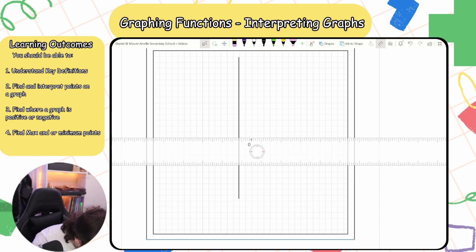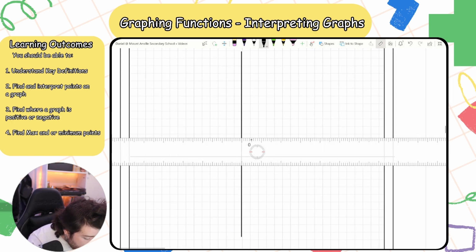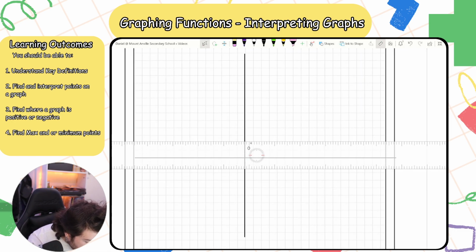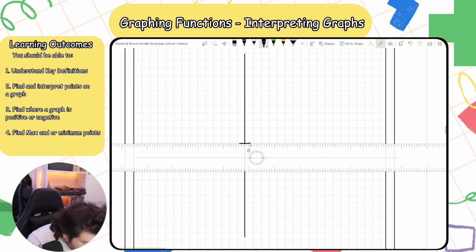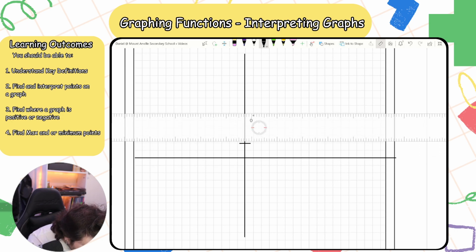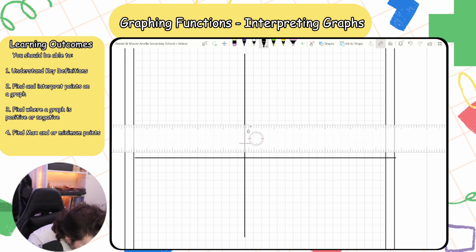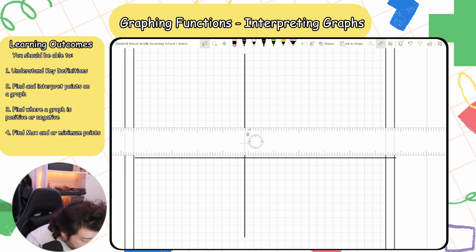I want my graph nice and big. So I think I'm going to go up in twos. Can I? 1, 2, 3, 4, 5. Yeah, I can. So I'm going to go up in twos. Now, you don't have to, but I'm doing it because I want a nice big graph that we have to use.